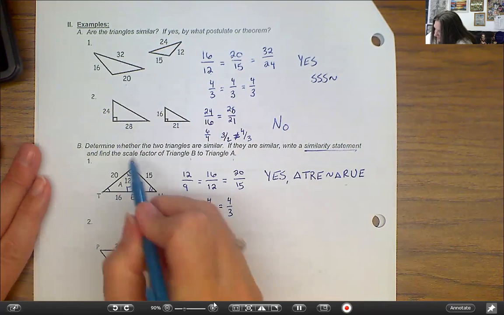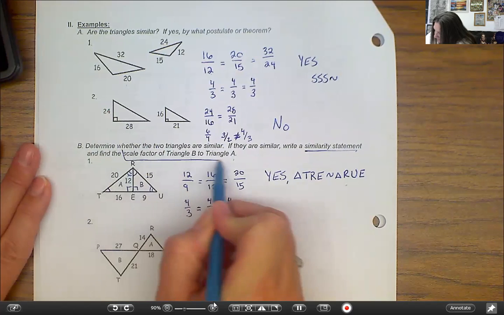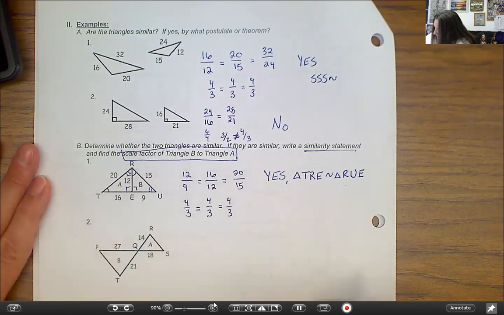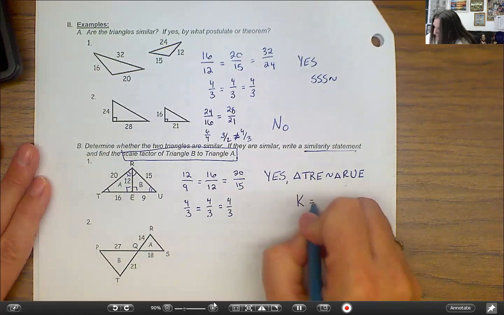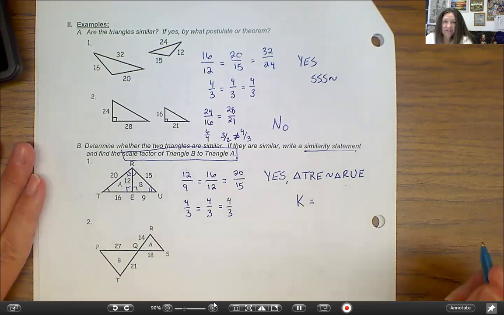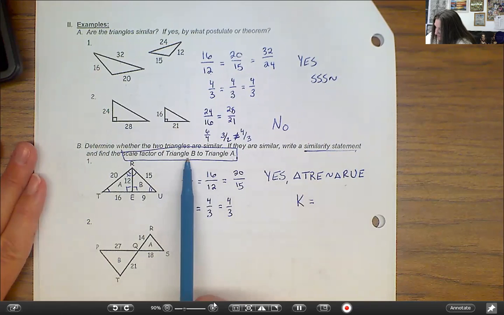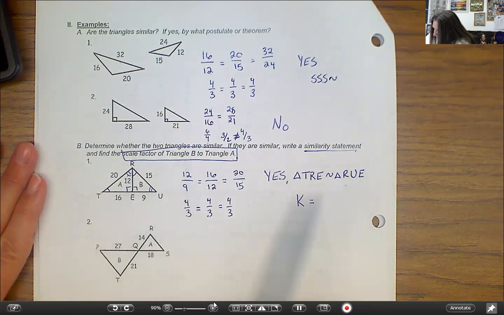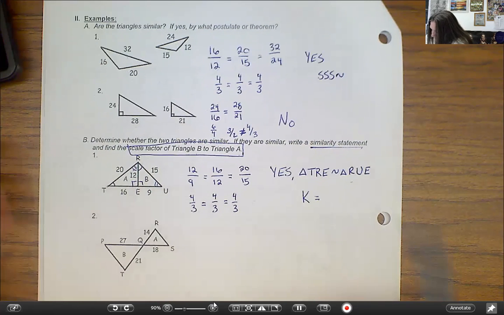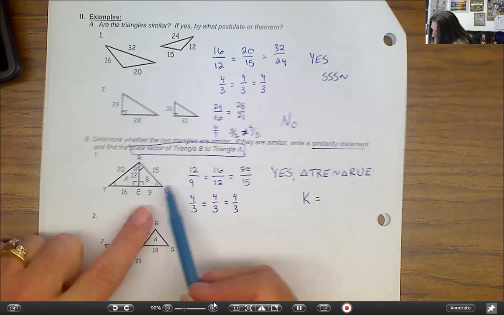Now, here's how they want the scale factor written at the end. K equals, for my scale factor, I use that variable K. I want to compare a side length of triangle B to triangle A, so I want to put B in my numerator. On triangle B, I could use any of those corresponding sides, but why not the smallest?